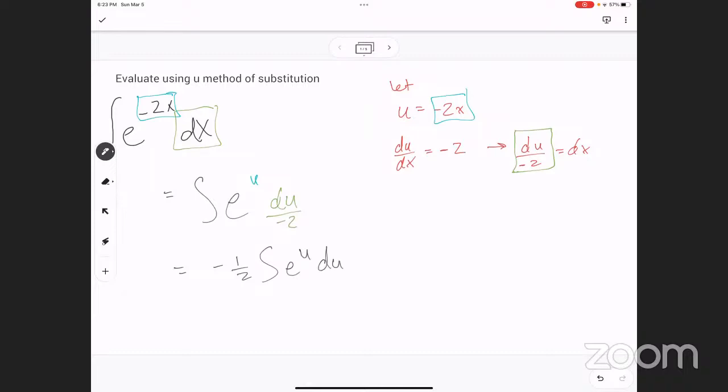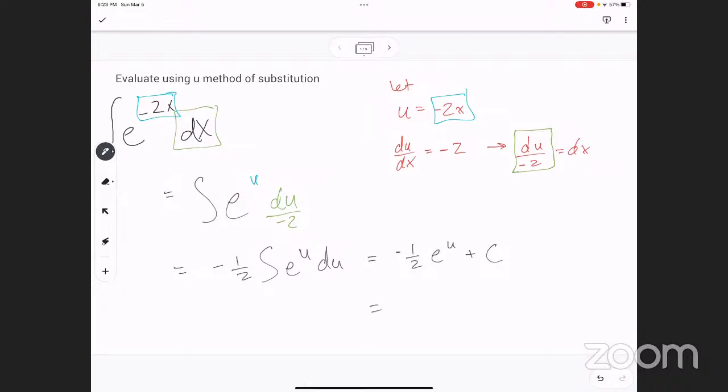And what's the integral of e to the u du? Just e to the u. So I can evaluate this, and this would be negative 1/2 e to the u, and then you should write plus c, right? Because you don't have the limits of integration. So that's your answer.